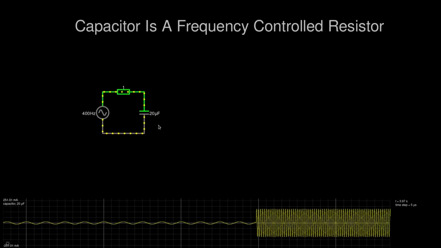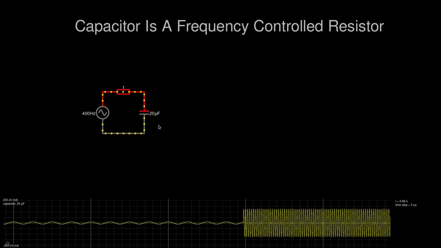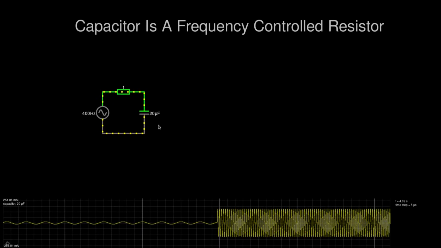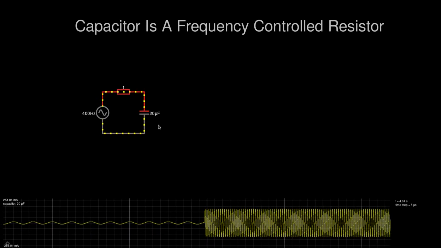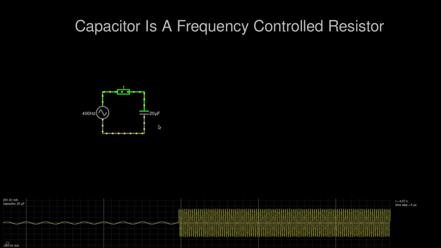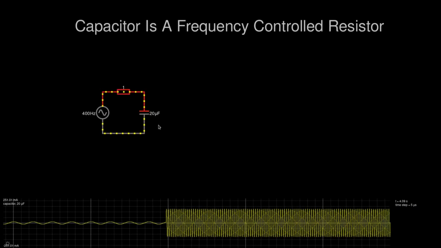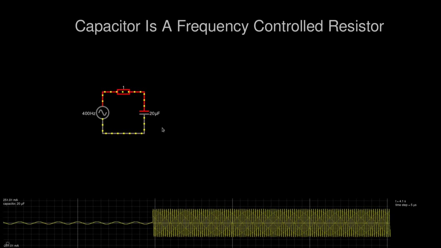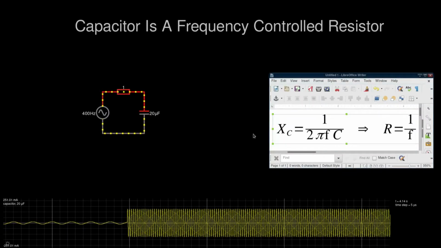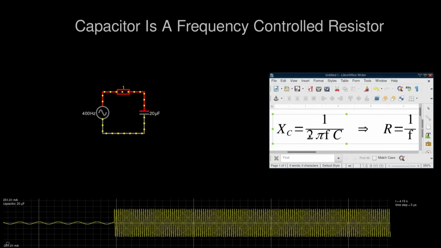A capacitor is a frequency controlled resistor which has lower resistance at higher frequency, unlike inductors which have lower resistance at lower frequencies. So let's take a look at this formula once again. 1, 2 and pi are constants.